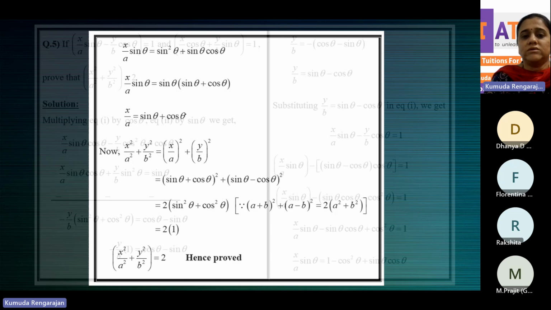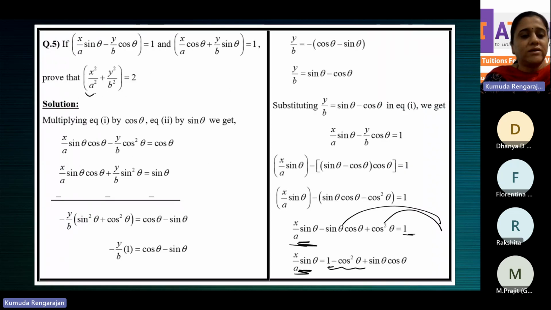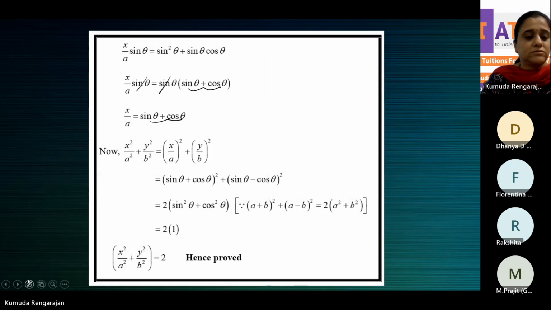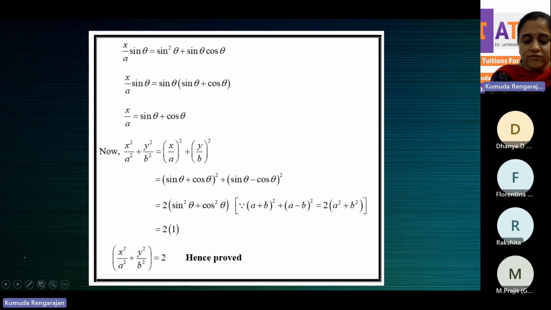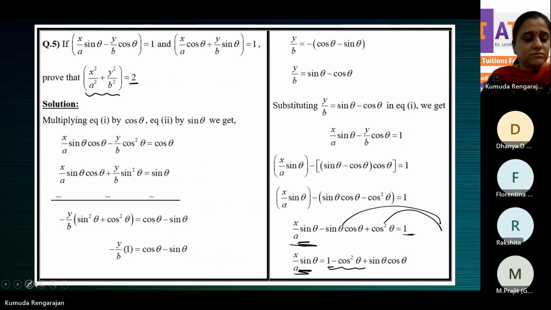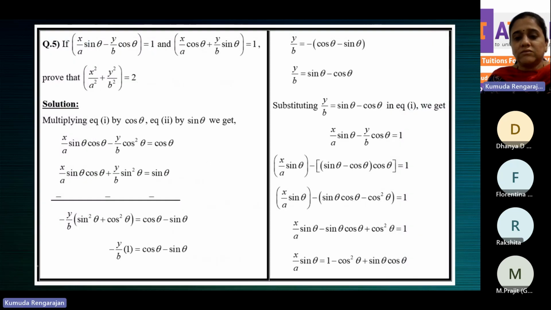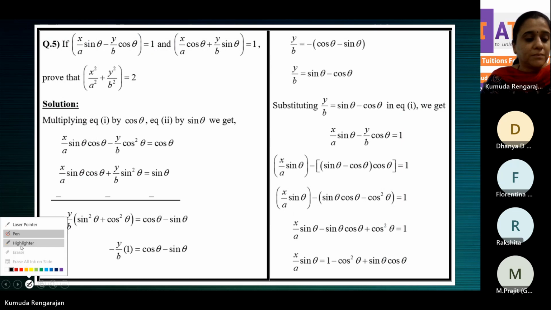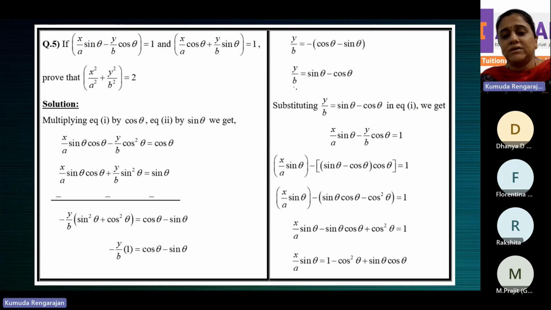Now we need to work out x square by a square plus y square by b square and show the result is 2. We already found x by a here, and we already found y by b here.